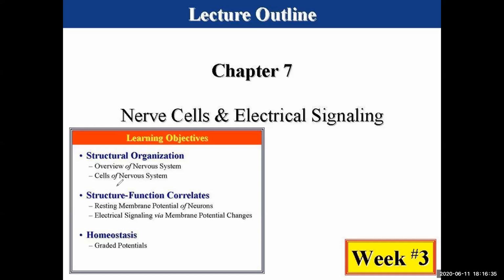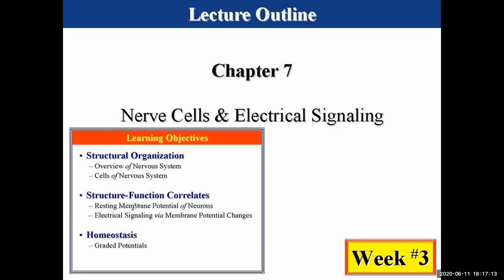And then the gist for the lecture is the resting membrane potential. What is a resting membrane potential? And how do neurons generate, establish and maintain that resting membrane potential? And then once we define that resting membrane potential, we understand how neurons set it up and then maintain that RMP. And not only that, neurons can use that membrane potential as a signal.